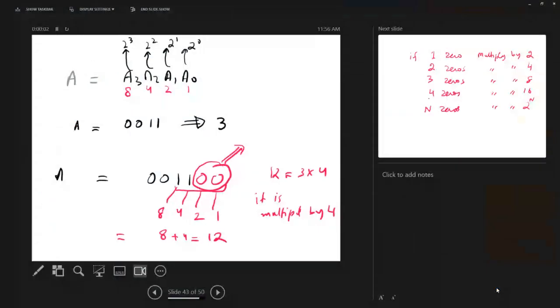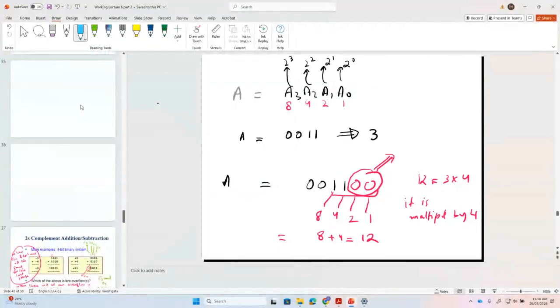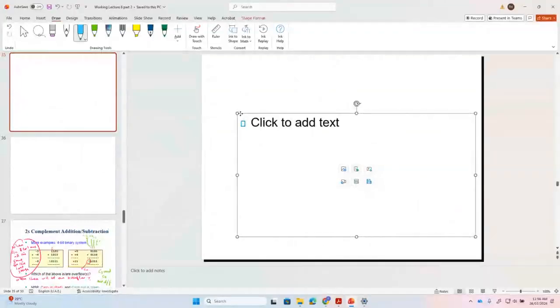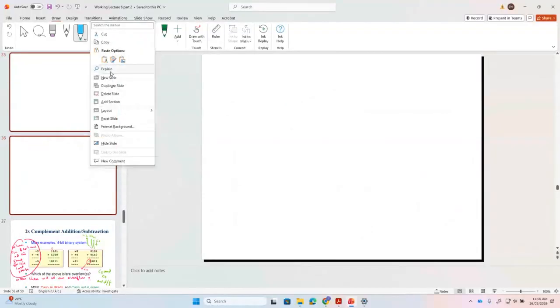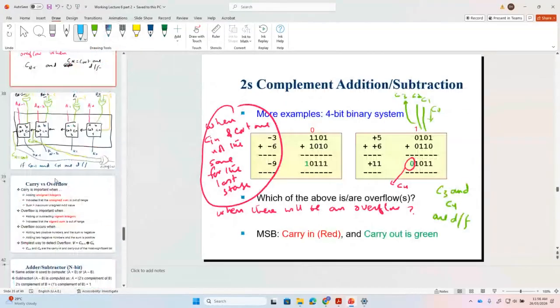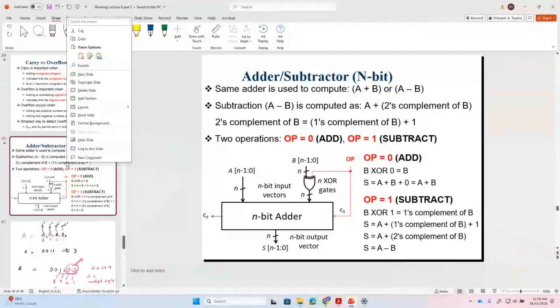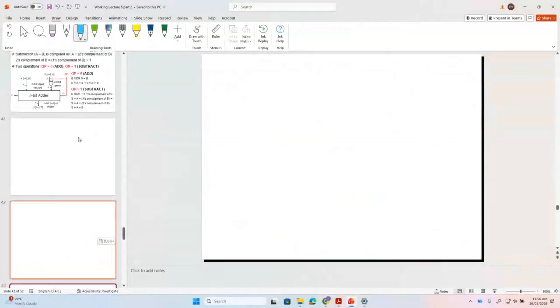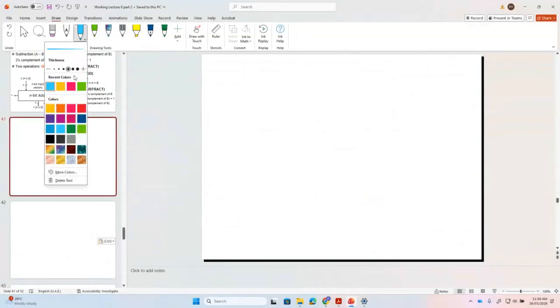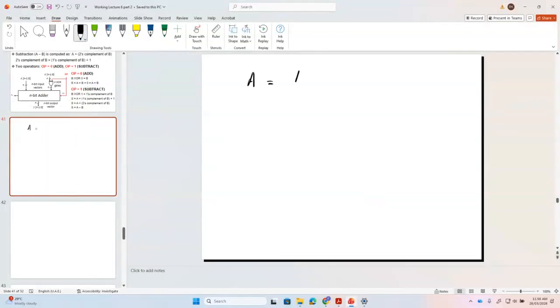Okay. Assume we have some signal A, and A is equal to A3, A2, A1, and A0.